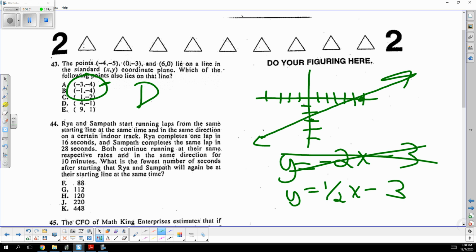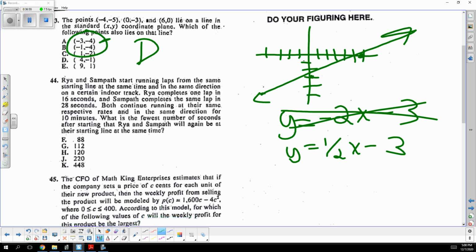All right, how does this work? Raya and Sampath start running laps in the same direction around an indoor track. Raya completes a lap in 16, Sampath 28. So how long until they meet at the starting line? That's least common multiple. It's the least common multiple of 16 and 28.